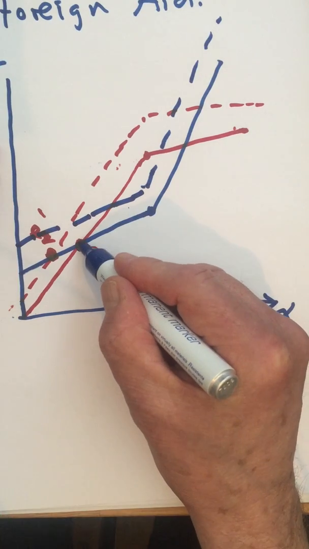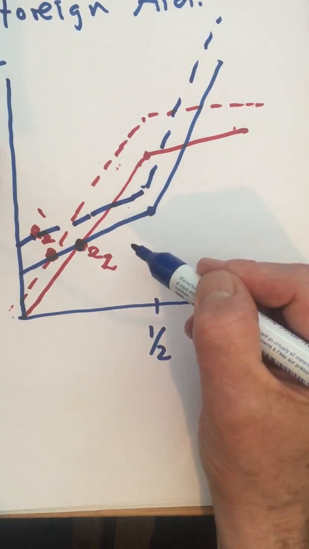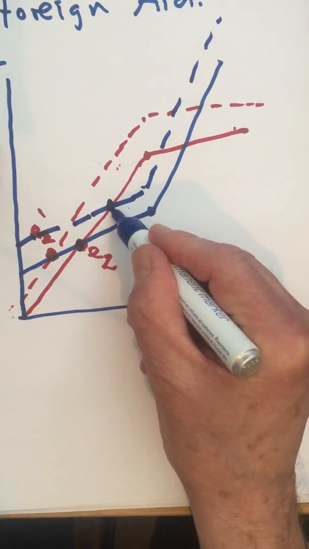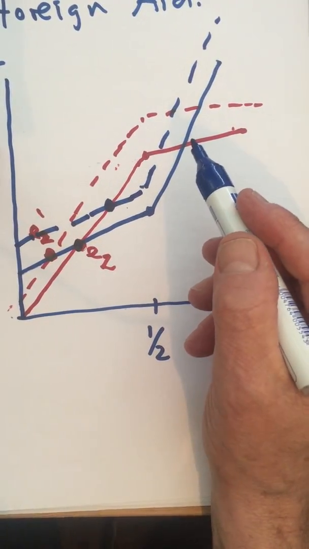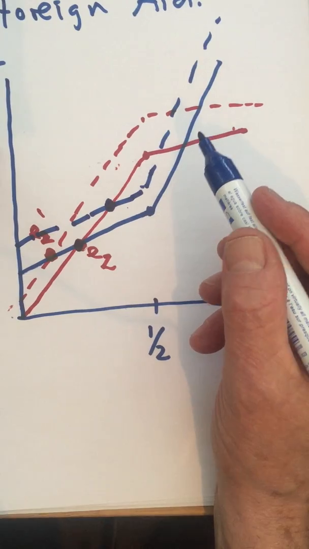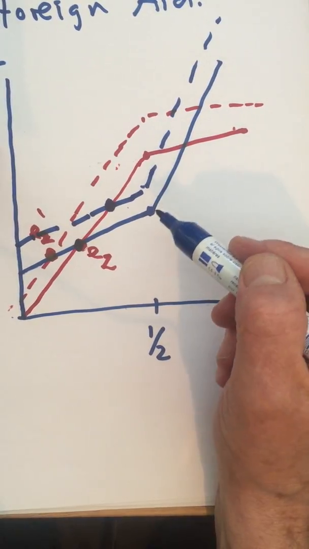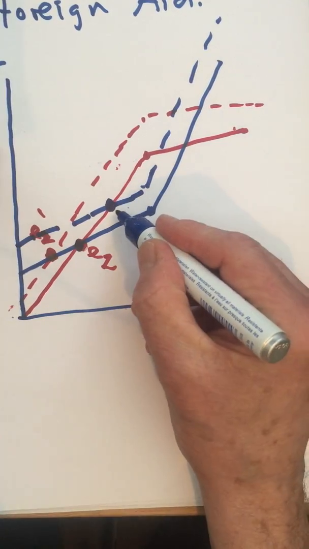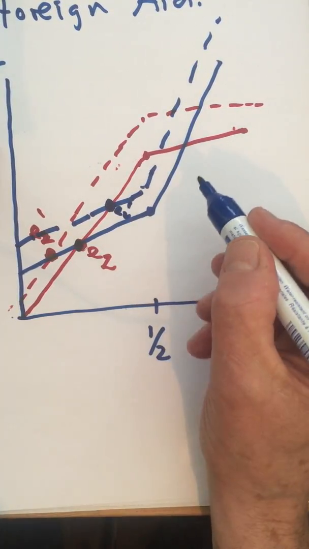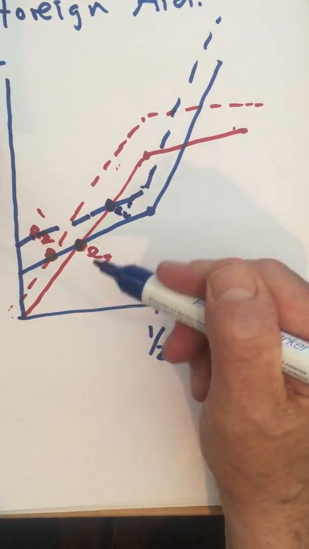In that case, you move from E1 here, E2 here, and up to a better equilibrium, we call it E2 mark in that case.